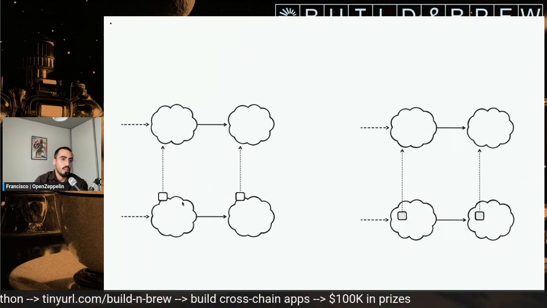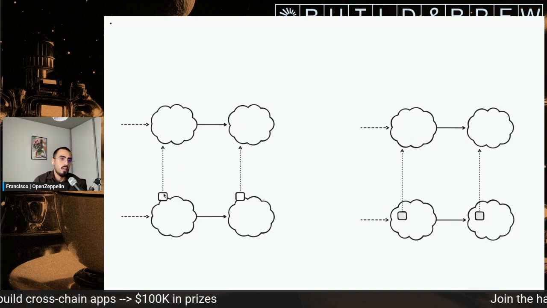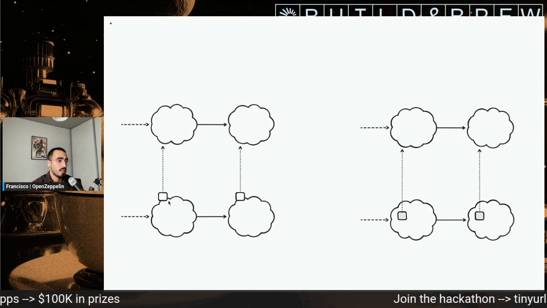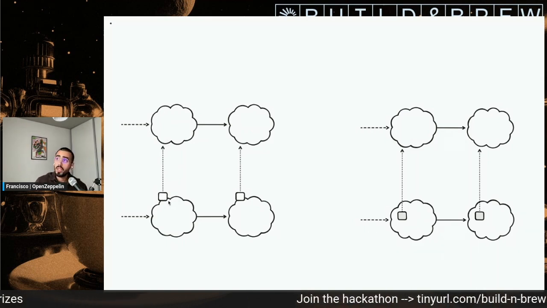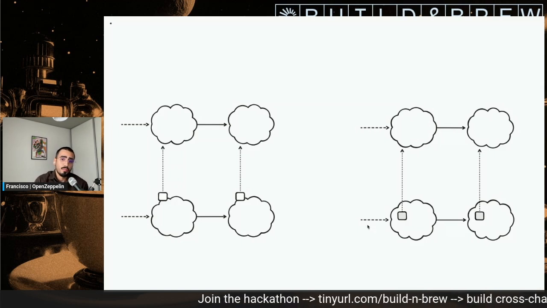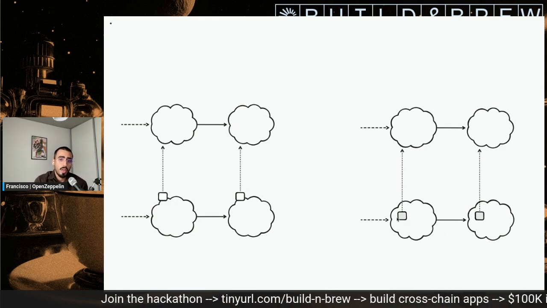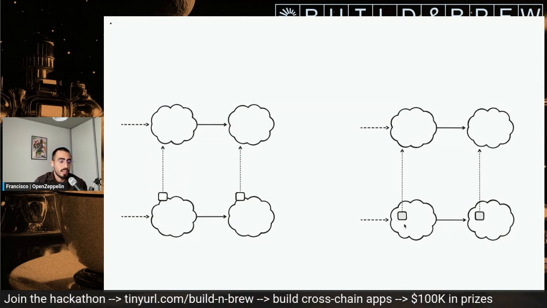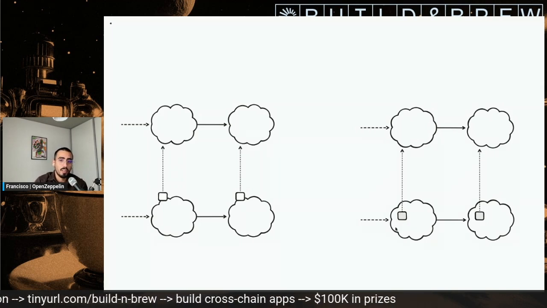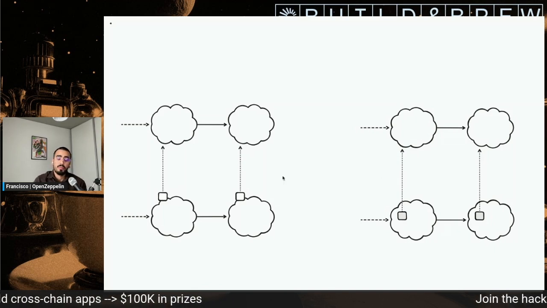Each block of the chain is going to have a view into some other chain where you're going to be able to read states, and that's going to be provided by the chain itself. And in other cases, you're going to be able to do that with a smart contract inside of the execution environment of the chain. You're going to be able to get a view of some other chain.